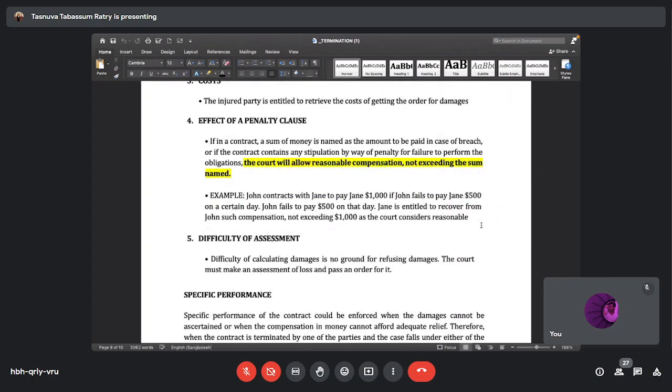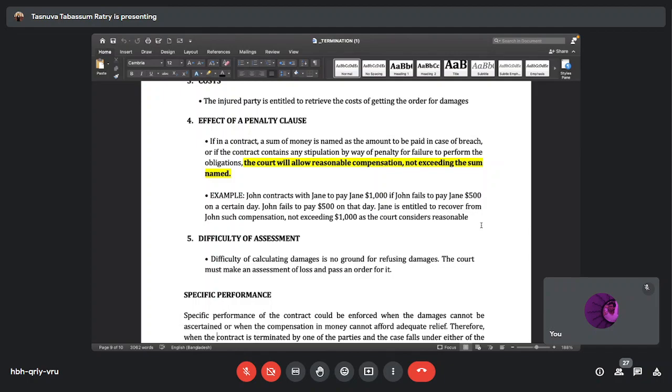Sometimes in a contract, a sum of money has already been mentioned in the terms and conditions, where the parties have already agreed that a certain amount of compensation will be given if there is any breach or if the parties fail to perform their obligations.